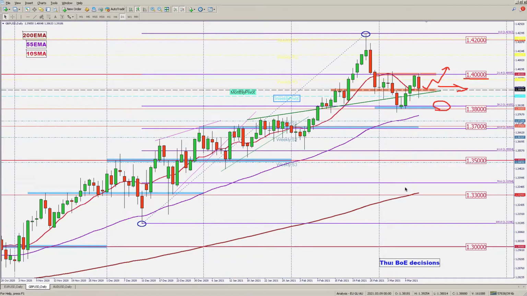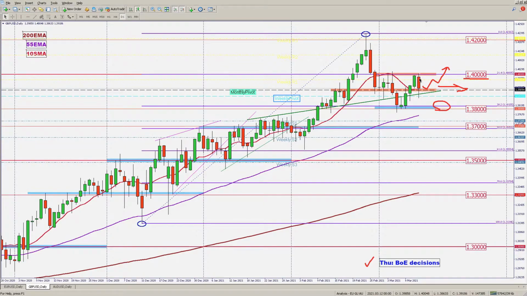And this week, the key news is going to be the Bank of England rate and policy decisions. They're not going to increase rates just yet. However, from the last meeting, they have decided not to reduce rates further, and definitely not going to negative interest rates. So that already gave a boost to the pound last month.